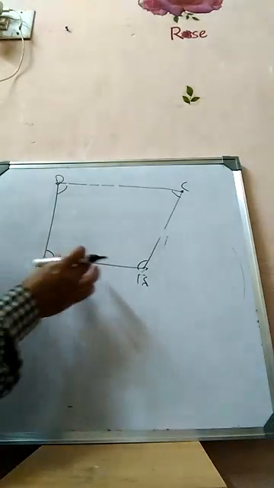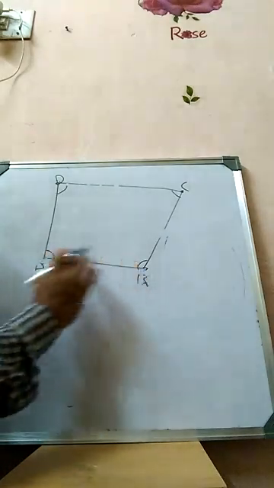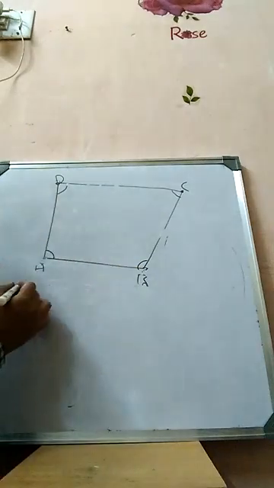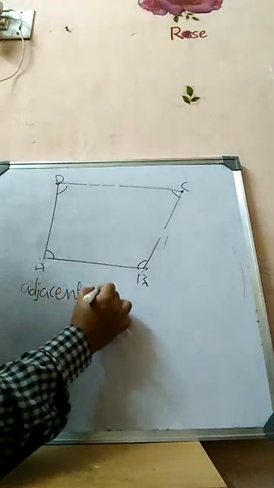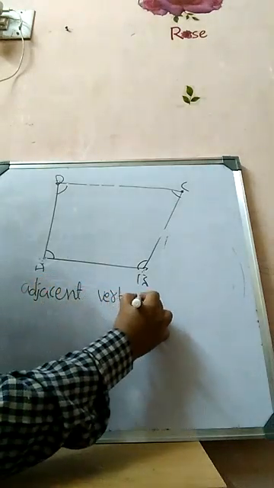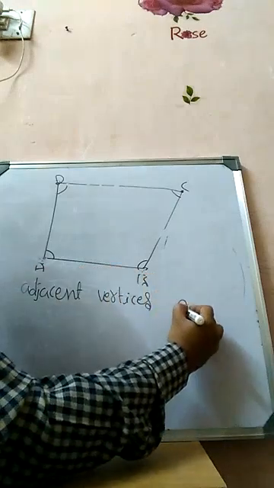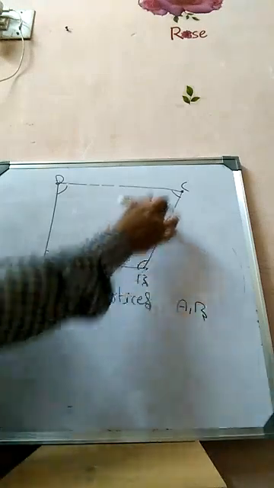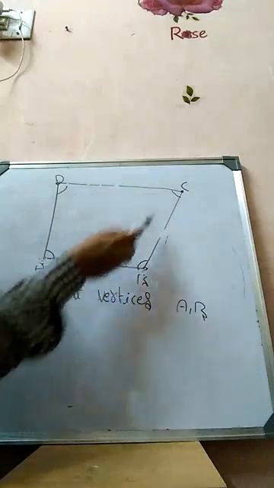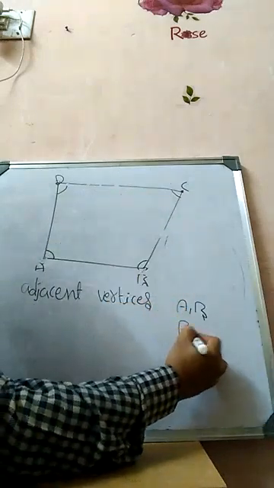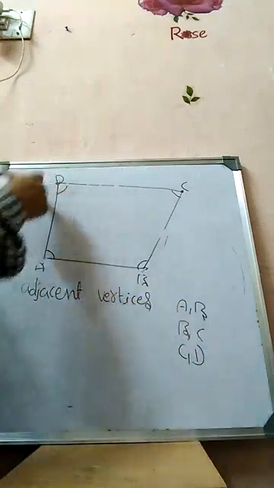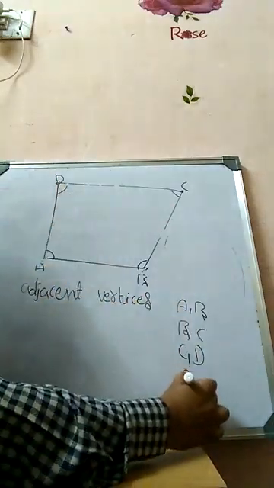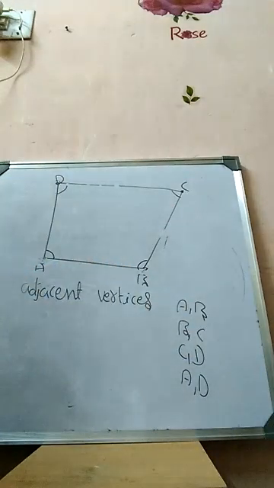Adjacent vertices means take one side, and the endpoints of that side are called adjacent vertices. So the pairs of adjacent vertices I am writing here: AB, and for this line segment BC, for this line segment CD, for this line segment AD. So totally 4 pairs of adjacent vertices are there in a quadrilateral.